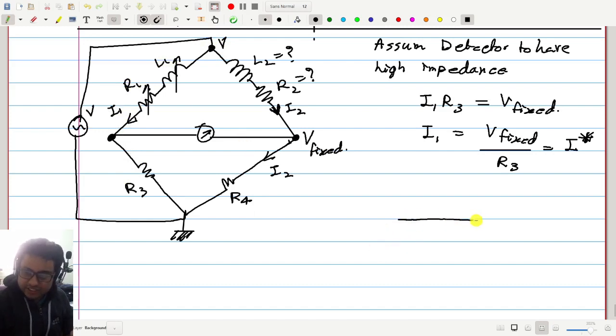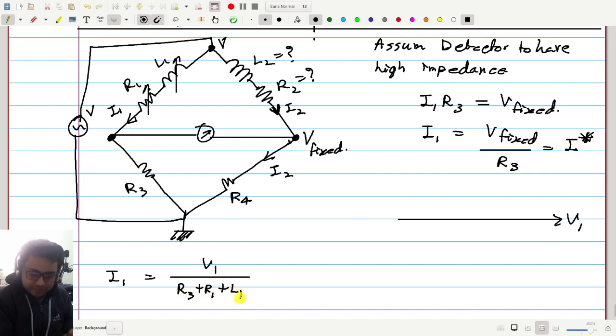Suppose this is the phasor of V1 with respect to some reference. Now how will I1 be? I1 is V1 divided by R3 plus R1 plus j omega L1.